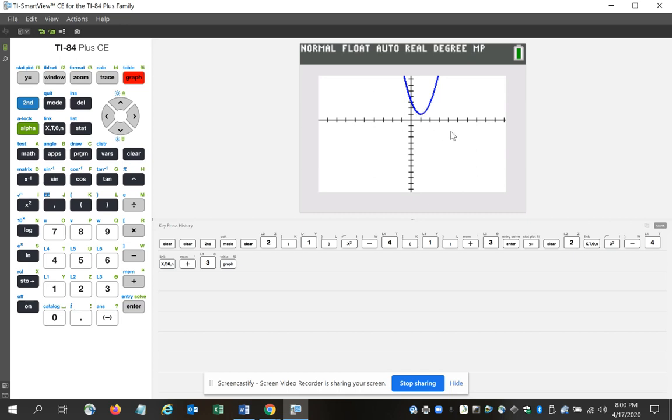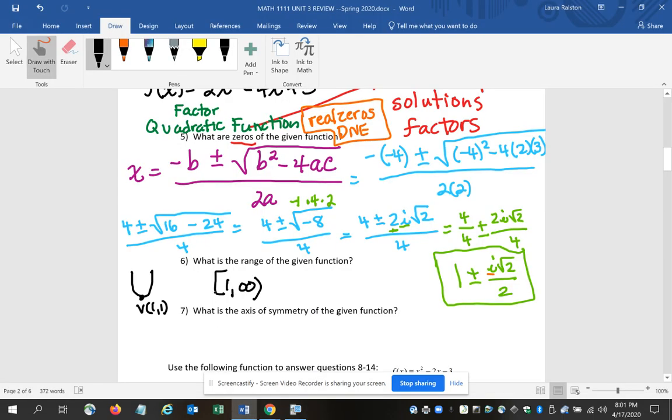So that's why we got the imaginary solutions. But notice, when you're coming up the y-axis, you don't see anything till you hit this point right here, which is at a y value of positive 1. So my range goes from positive 1, and it is included, and it goes to positive infinity.